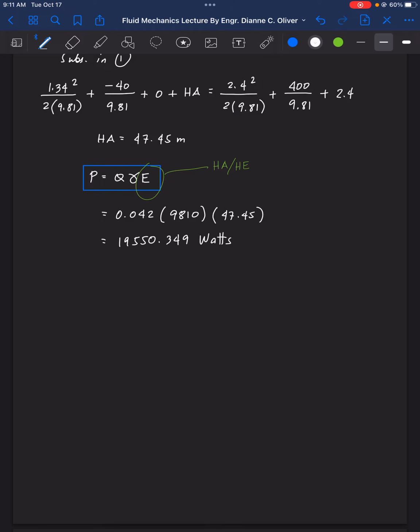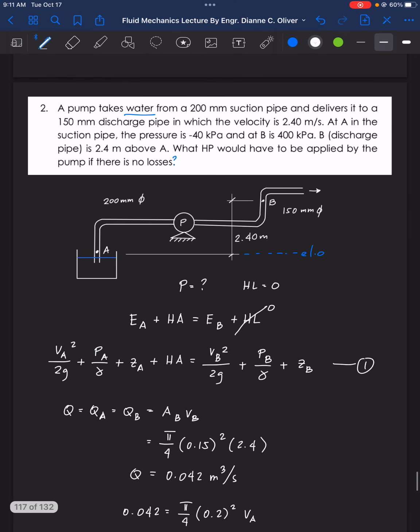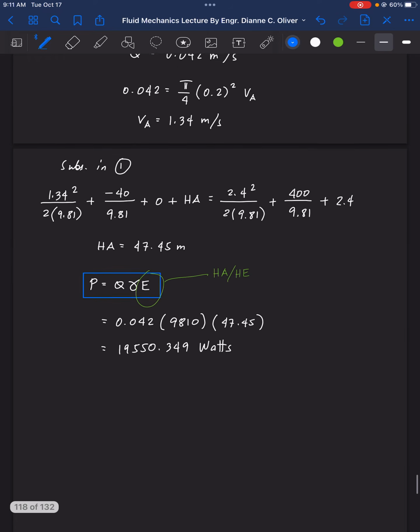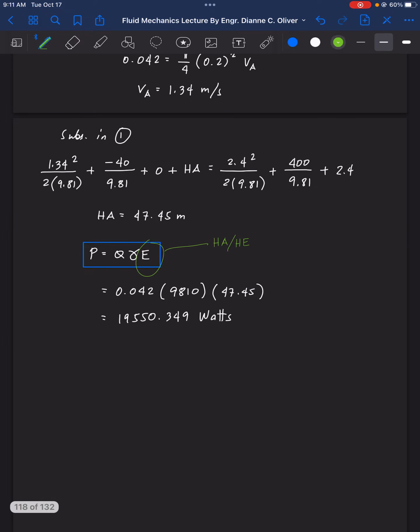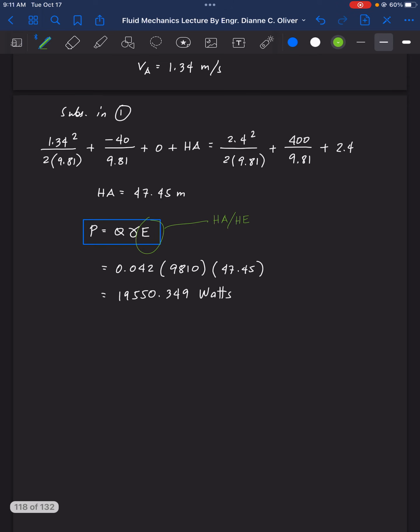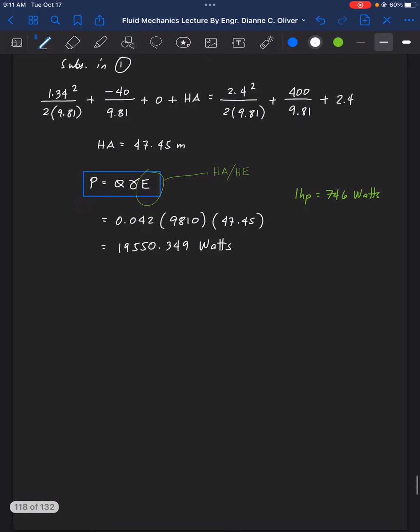And we will convert this into horsepower because the problem asks for the power in horsepower. So take note that 1 horsepower is equal to 746 watts. So we will multiply this with 1 horsepower over 746 watts. Cancel watts there.